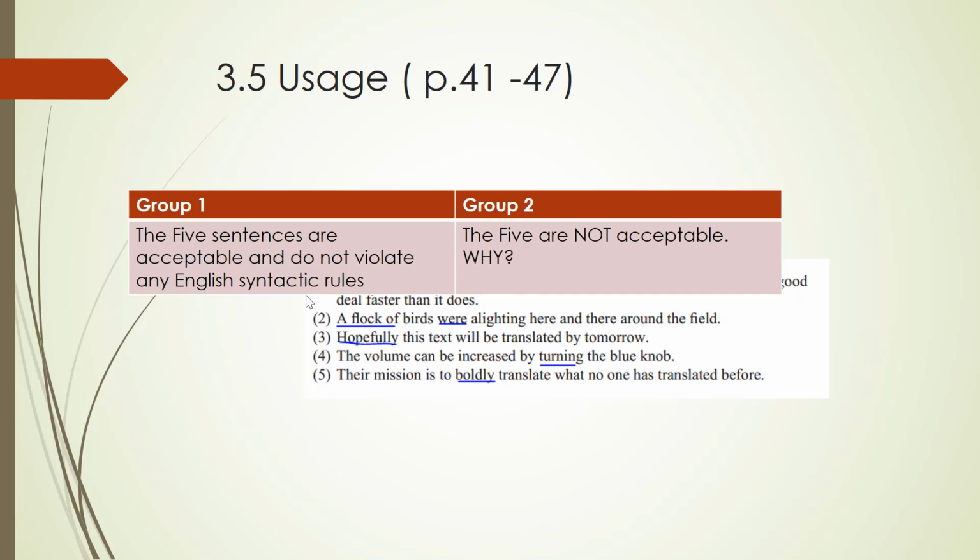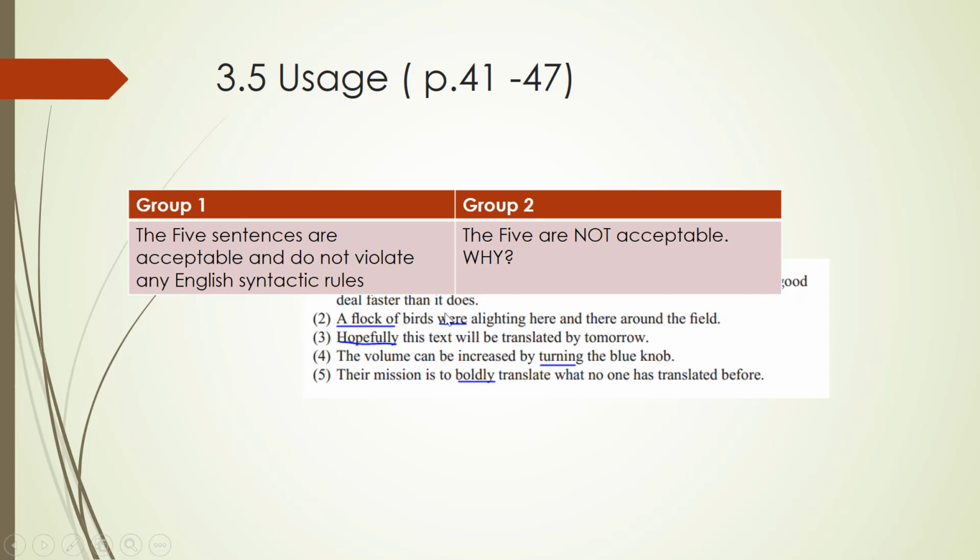Group number 1 believes that sentences like number 2 here are tolerable, tolerated and acceptable, and do not violate any English grammatical rules. A flock of birds were alighting here and there around the field. However, the second group are the opponents who believe that these sentences are not acceptable. And do you know the reason why?